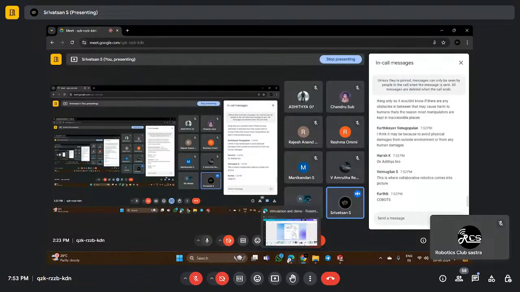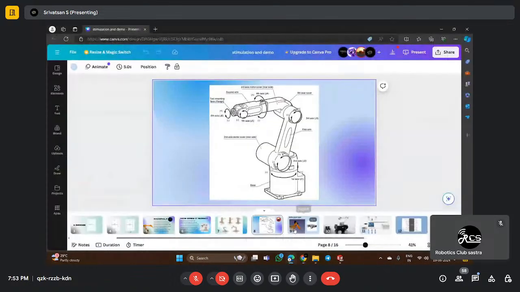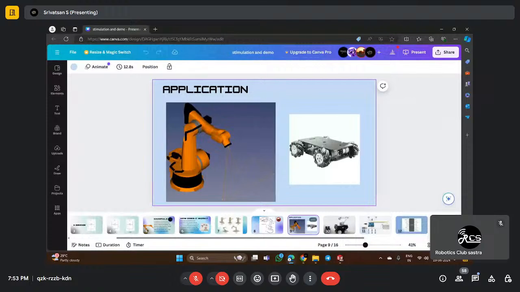Okay, then the application. Manipulators are mainly used in the food industry, as I said earlier, and also in painting a specific part.